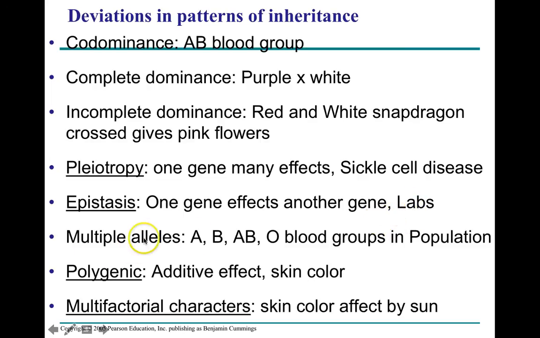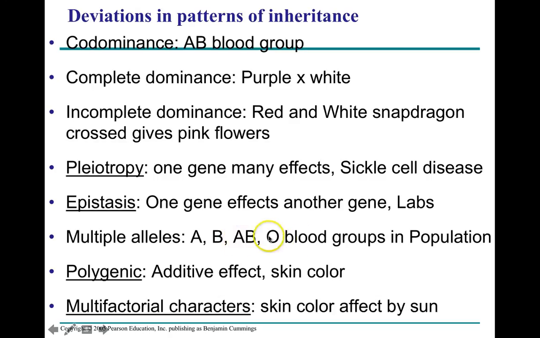For multiple alleles, remember there are many alleles in a population. There are more than two alleles in a population. But a person would have only two alleles. If a person has a big A, then the blood type of that person will be A. If a person has big A, big O, then the person will have again A blood type only, because O is recessive to A. Similarly, if the genotype is BB, then the blood type is B. Again, if the genotype is BO, then blood type will be B again.